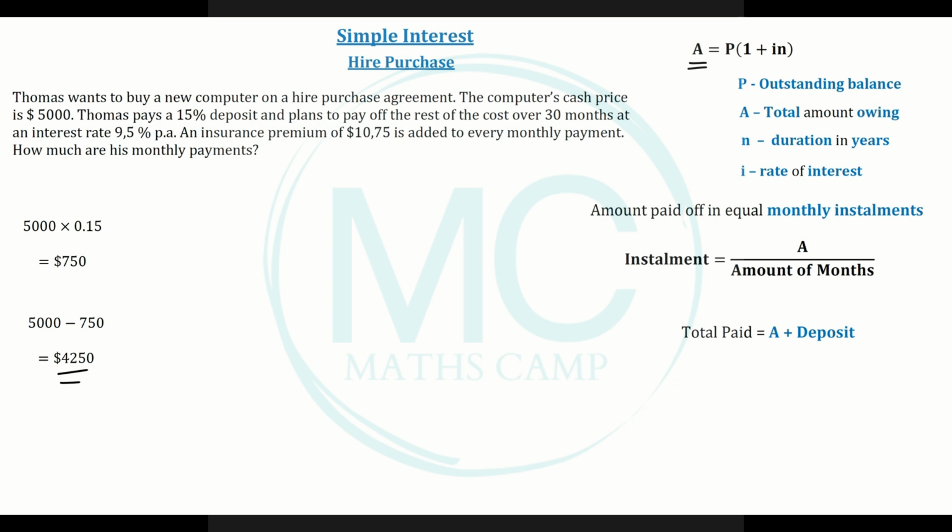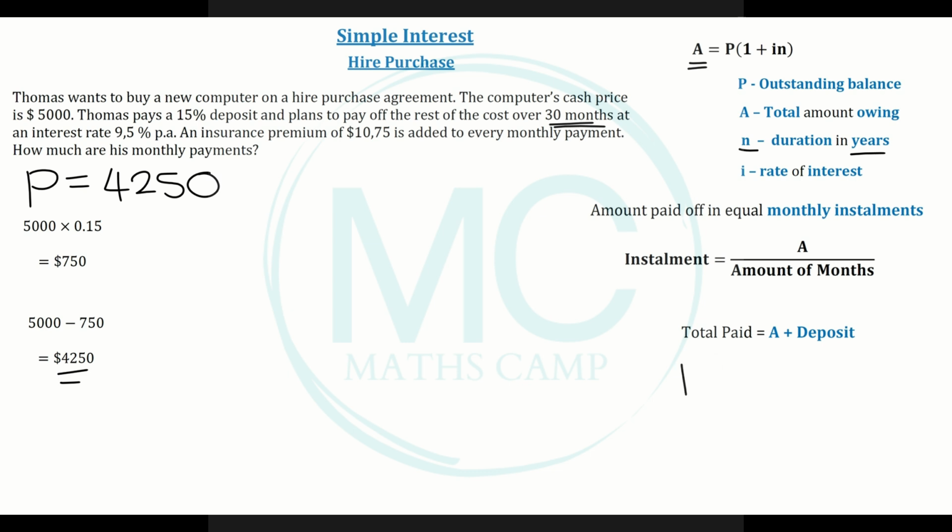We know that P is our outstanding balance. So over here, let's make a note and we say P is equal to 4,250. Thomas plans to pay the rest of the cost off over 30 months. It is the duration. But remember, we always calculate in years. So what is 30 months in years?